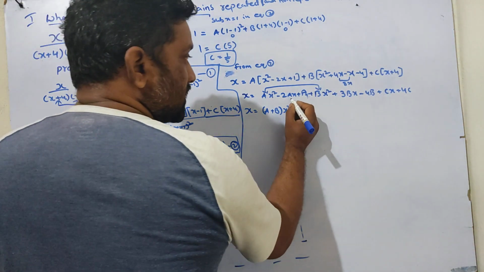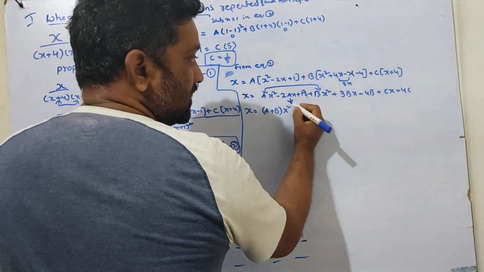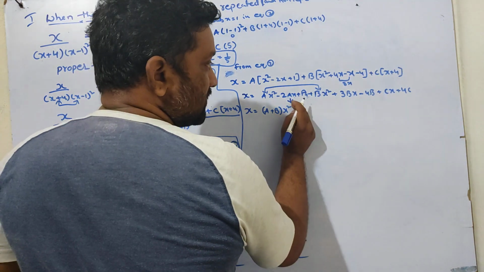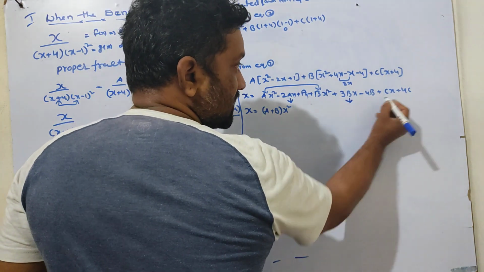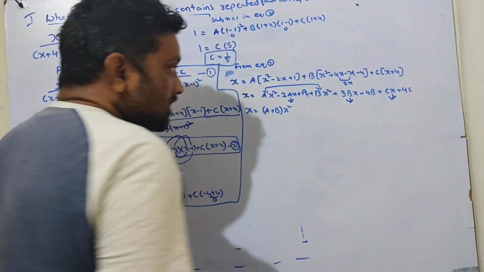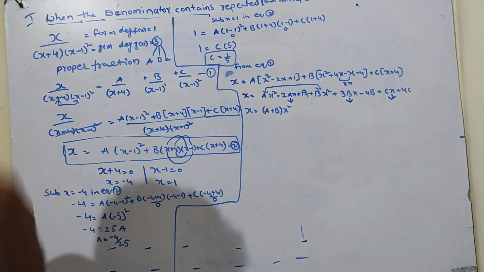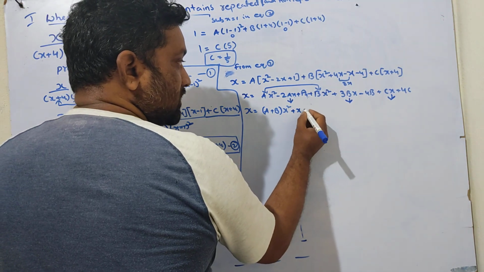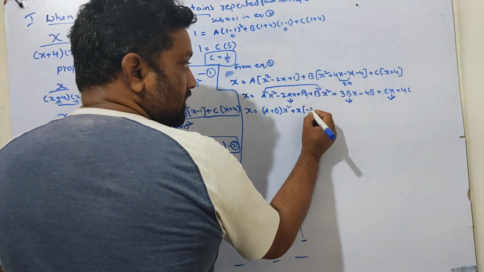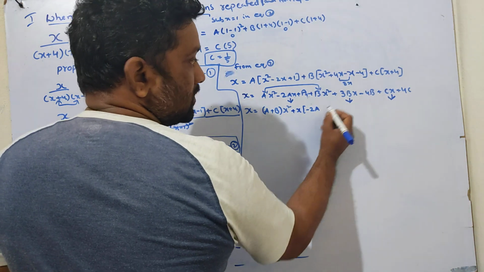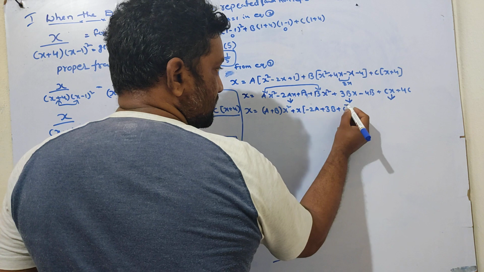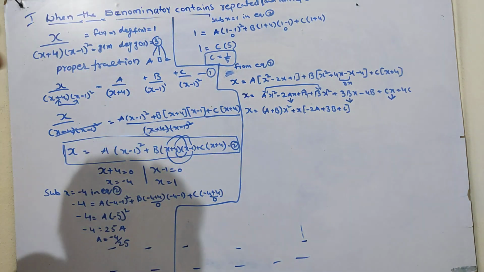Next, we are taking the x values. Here having the x, here having the x, here having the x. In these three terms, we have to take x common, remaining minus 2a plus 3b plus c.